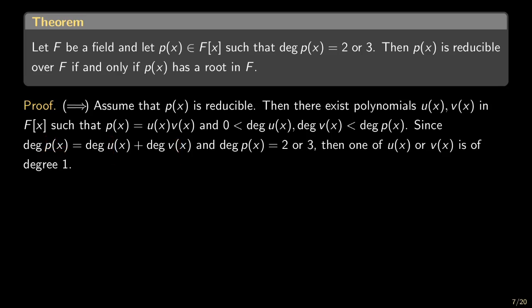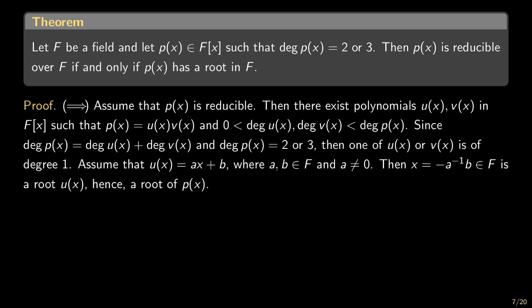So, one of u of x or v of x is a linear polynomial of degree 1. Let us say without loss of generality that u of x is the one that is linear. So you can express u of x in the form ax plus b, where a and b are in f, and because u of x is linear, a cannot be 0. Then we know that this linear polynomial has a root, in other words, a value that makes it equal to 0.